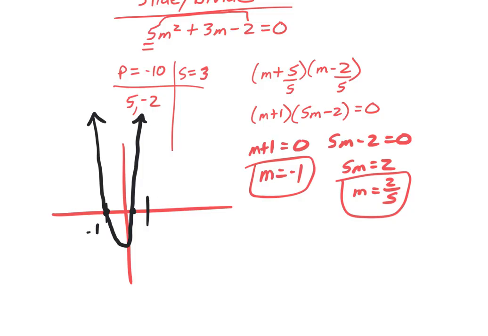It's going to cross the x-axis at negative 1, and it's going to cross the x-axis at 2/5. And you could verify that, right? You could put that into your calculator and see what you get. This would be the same as 0.4, 2/5. Okay. So I think it's really important to understand the link between these.